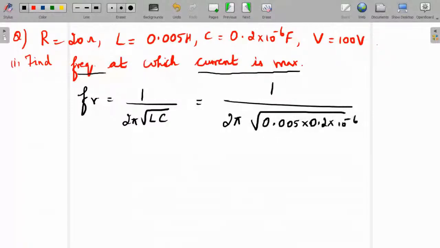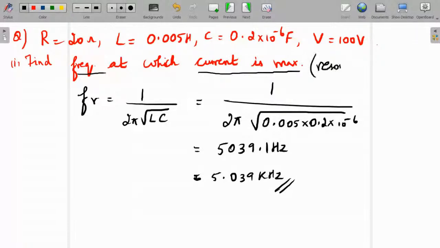Okay, so you will get the answer as 5039.1 hertz, or in kilohertz, 5.039 kilohertz. Okay, this is the answer. So frequency at which current is maximum, indirectly they have asked you the resonant frequency.